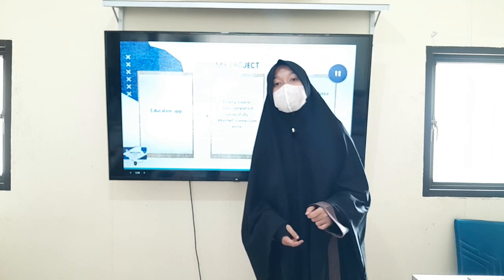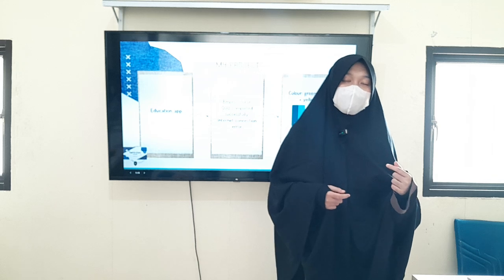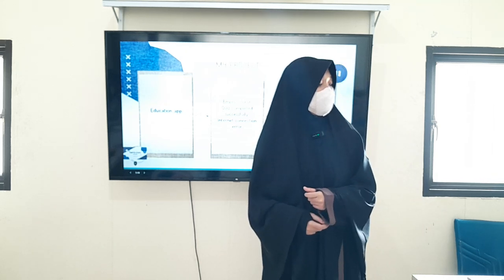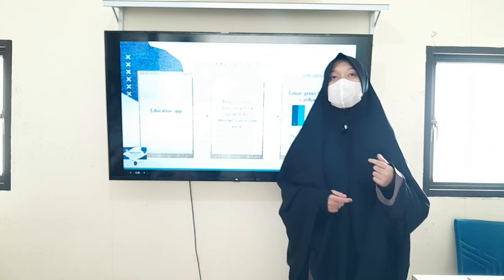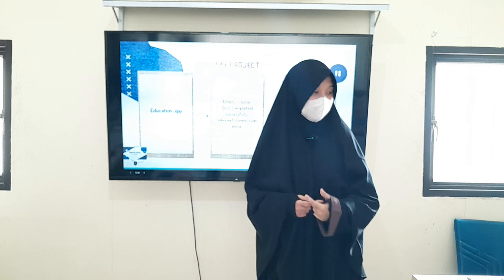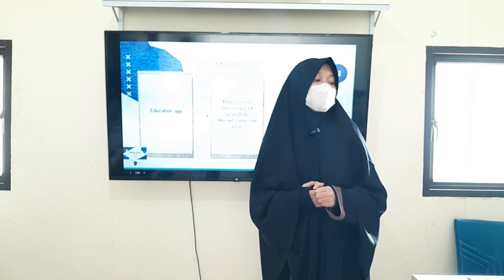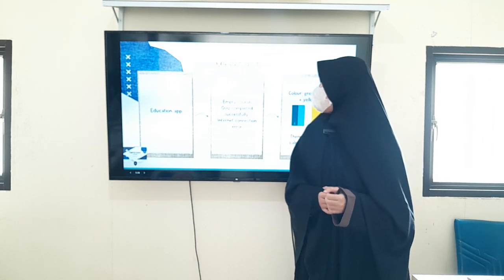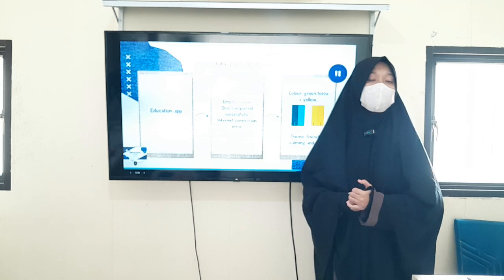My teacher already gave me the description of the project, and I need to make it the same as my teacher said. So I need to make an education app. This application is for someone who wants to take some course for learning, and then I need to make 3 condition empty states, which are empty course, completed successfully, and internet connection error. The teacher already chose the color and the theme also.